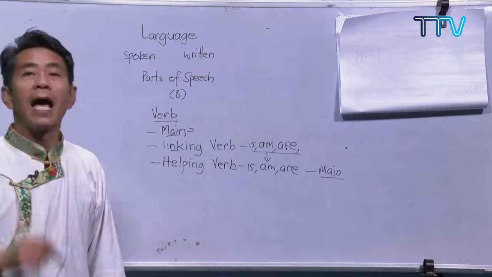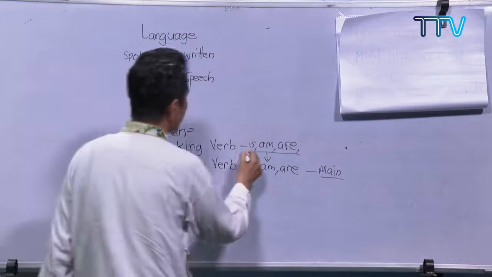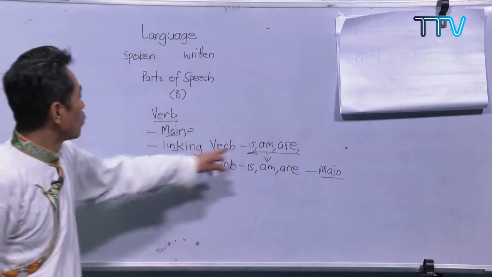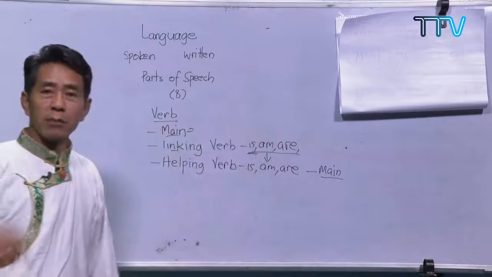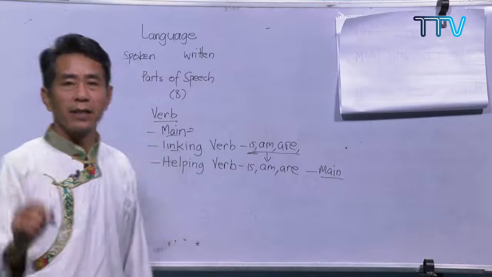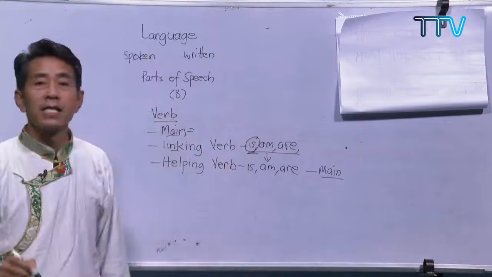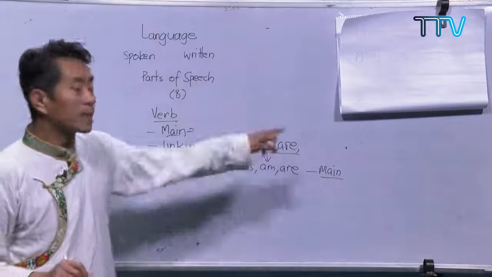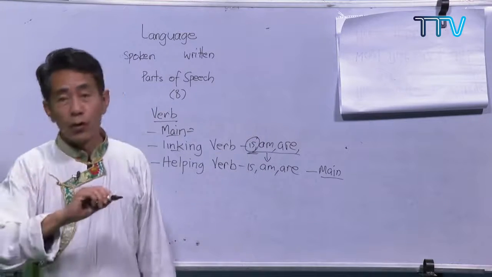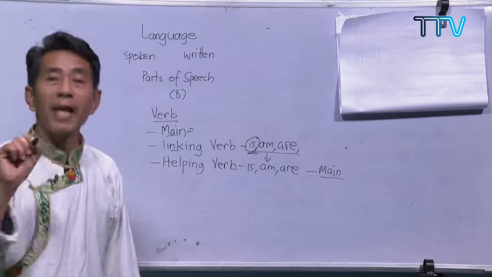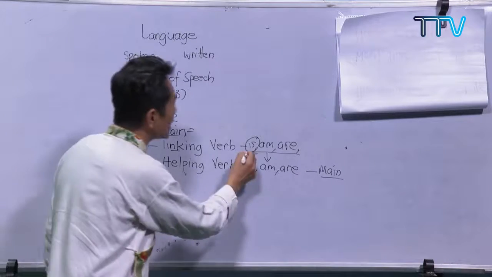Tashi is eating, so eating is the principal verb and is is the helping verb. Whereas if there is another sentence, for example, Tashi is a teacher, here is is a linking verb, because if you look at this sentence, you don't see any main verb. You see teacher, a noun.